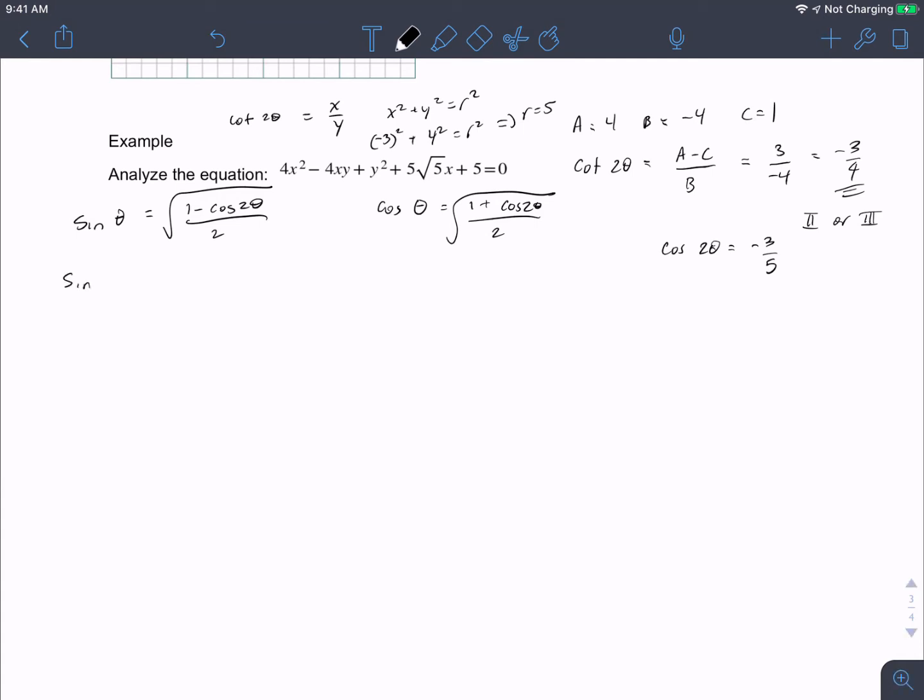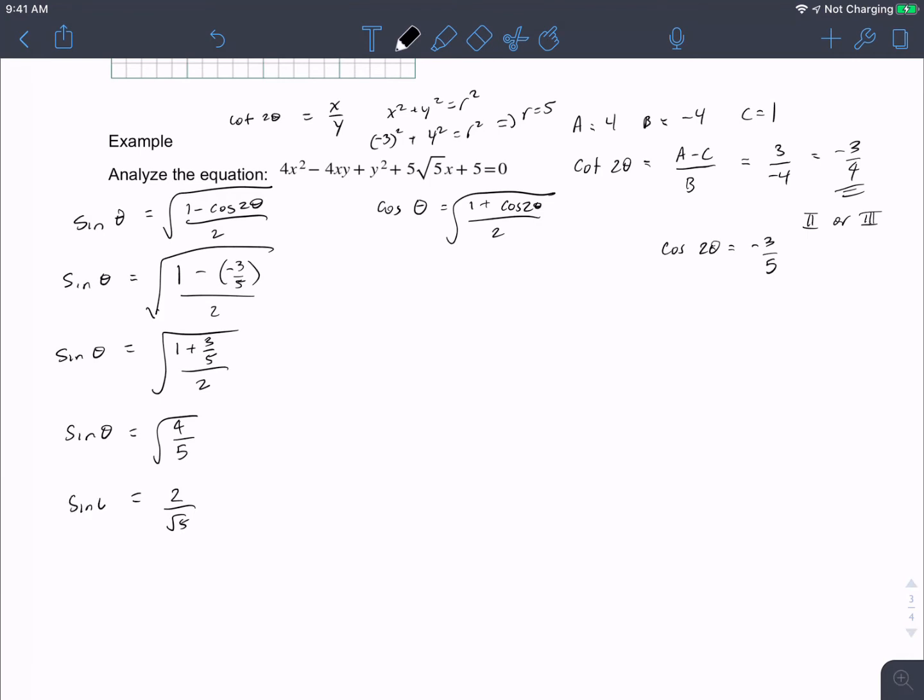So then sine theta is going to be equal to 1 minus a -3 over 5 all over 2 rooted, which is going to give me sine theta is equal to 1 plus 3 over 5 over 2, which cleans up to be 4 over 5, or we can think of it as 2 radical 5.